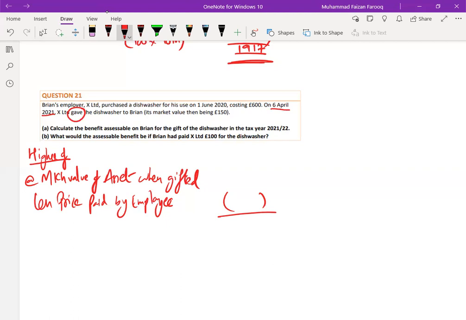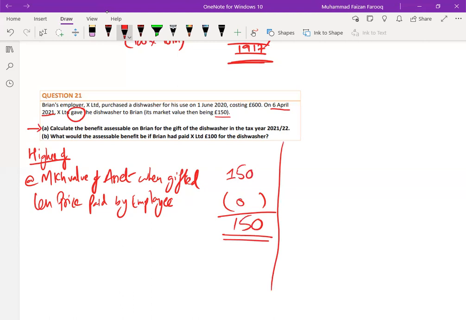The employer gifted this asset to the employee when the market value was 150. Simple, 150 is the benefit. We are doing requirement A only. Calculate the benefit assessable on Brian for the gift of the dishwasher. In requirement A, there is no selling price, meaning Brian didn't pay anything. So 150 is the answer, which is very simple.